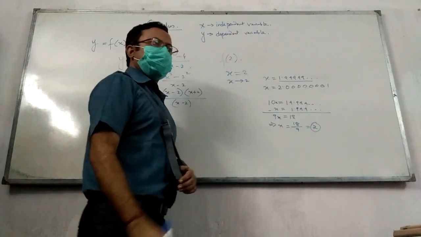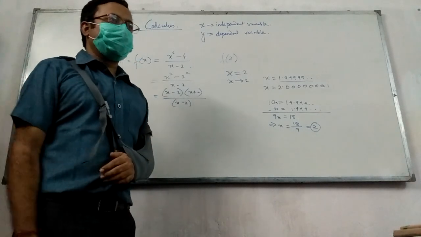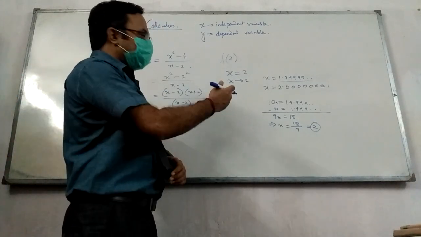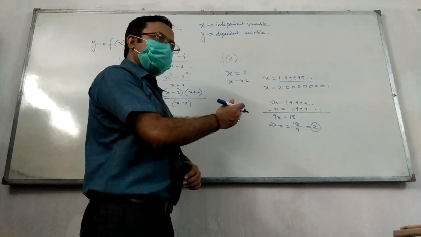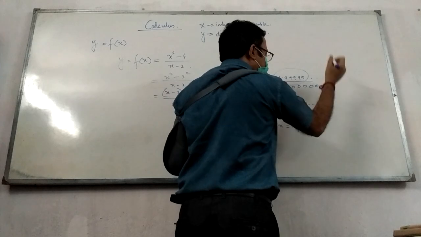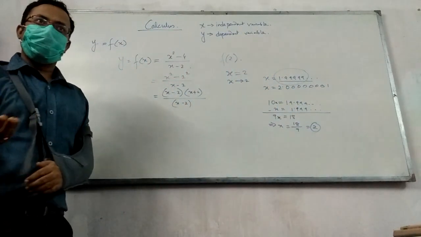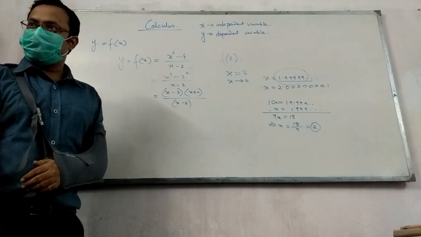Did I use any calculus? What's wrong here? I used only algebra. So you can write 1.999 recurring as 2. Normal algebra is giving us that.